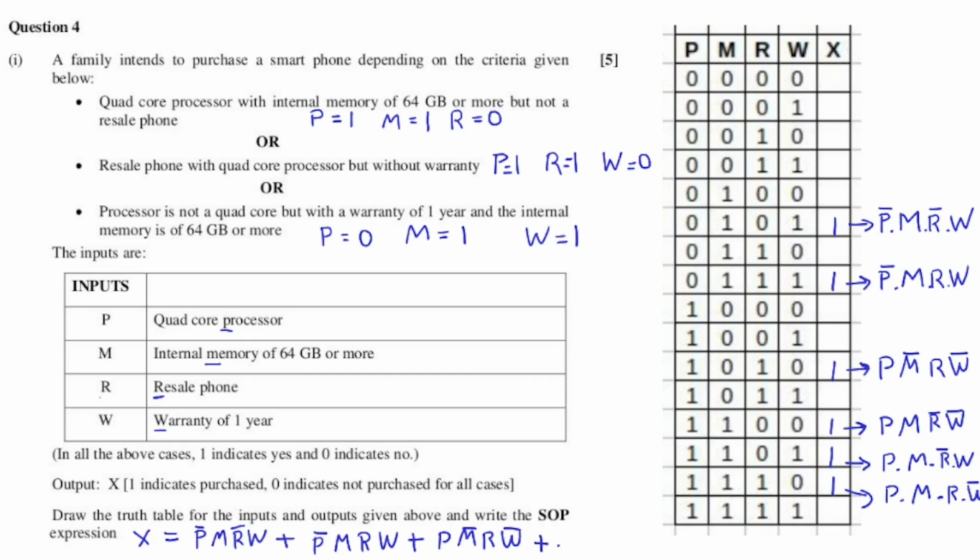Then the next term is P, M, R complement, W complement, followed by P, M, R complement, W. And finally, the last term is P, M, R, W complement. And this is our final answer.